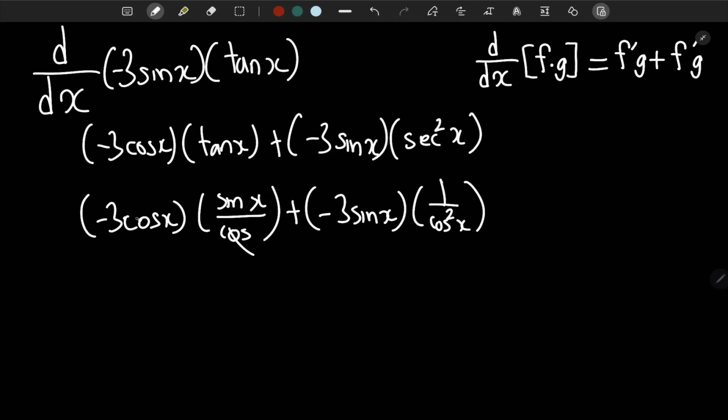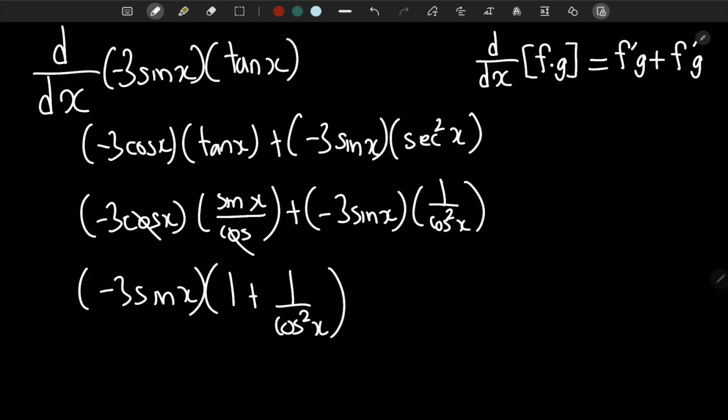So this cosine can cancel out with this one, and now we are left with negative 3 sine x minus, okay, no, we can't do that because this is multiplied by this. So what we can do here is we can factor out negative 3 sine x, and this will become now 1 plus 1 over cosine squared x.